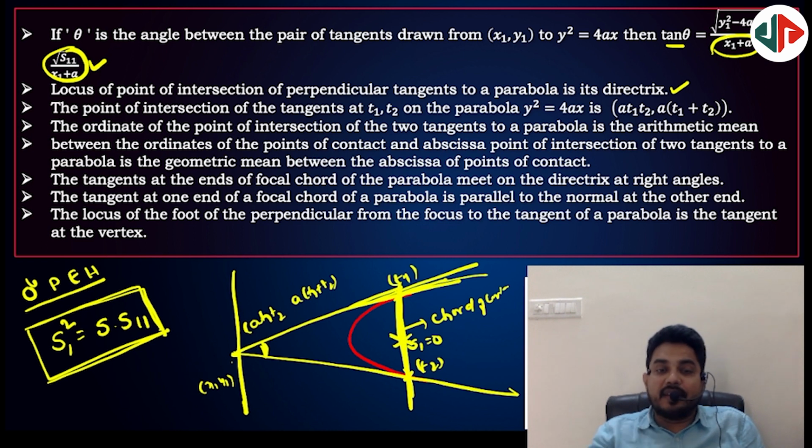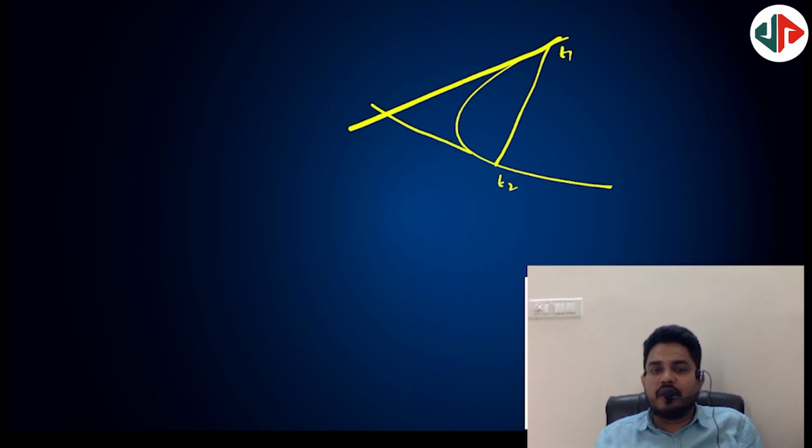I'll explain that in the next one. Let me write here. If this is a parabola, this point is T1, this point is T2, and tangents are drawn. If it is passing through the focus, then T1 T2 is equal to minus 1.